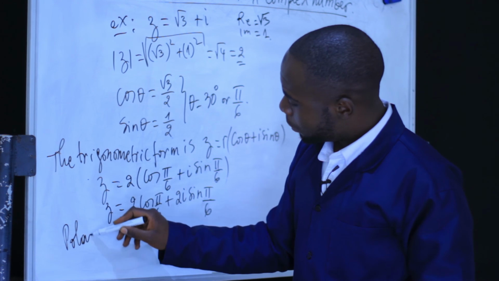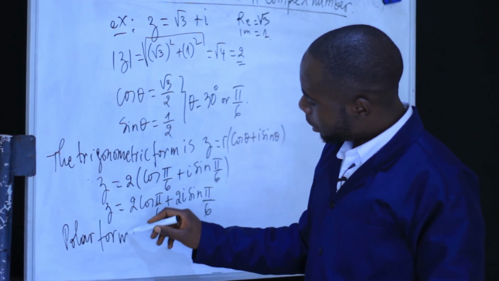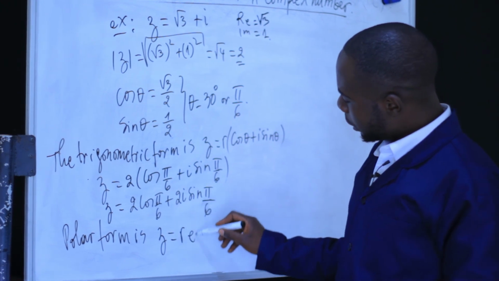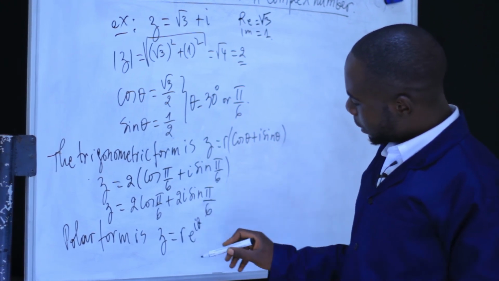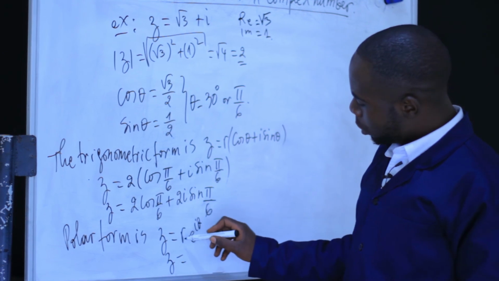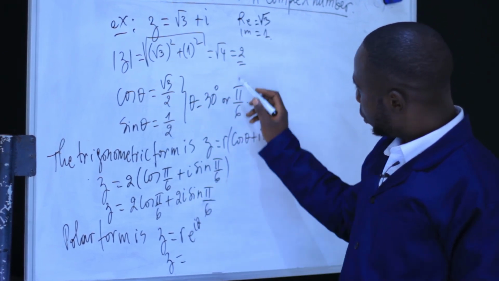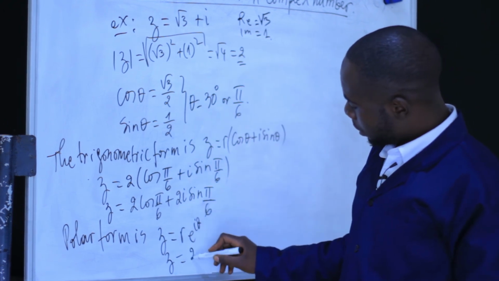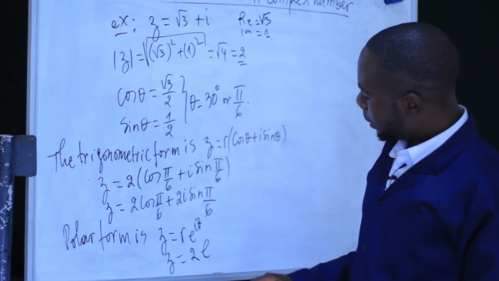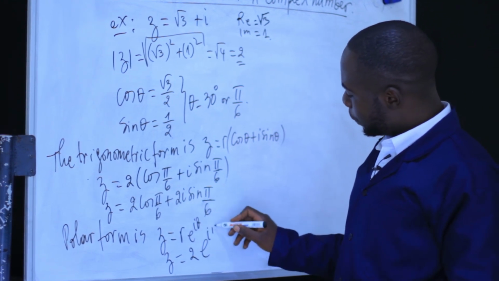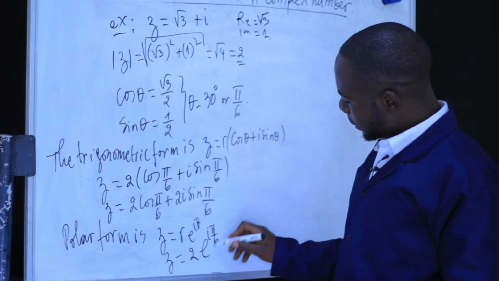Then we are going to find out the polar form, which is z equal to r e to the power i theta. Then z will have the modulus equal to 2, e to the power i theta, where theta is pi over 6.